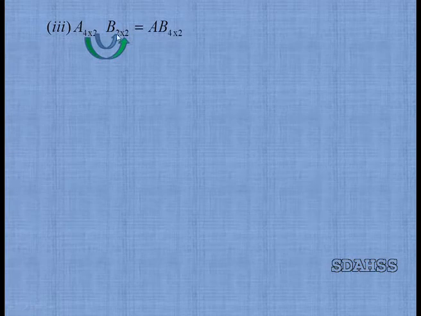Here both are equal, so AB's order is 4 cross 2. If you multiply, you will get 4 cross 2.